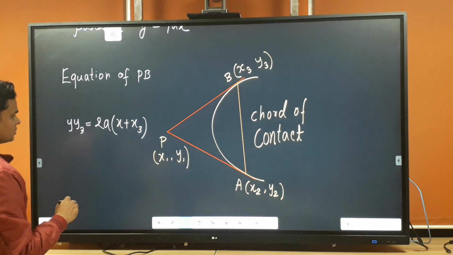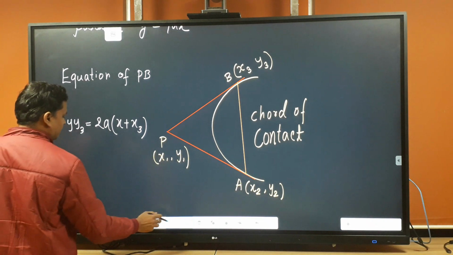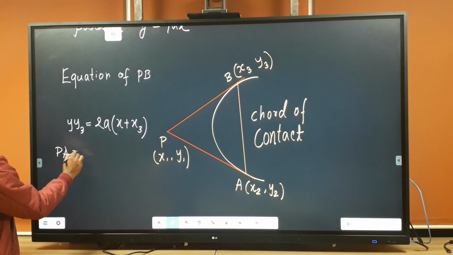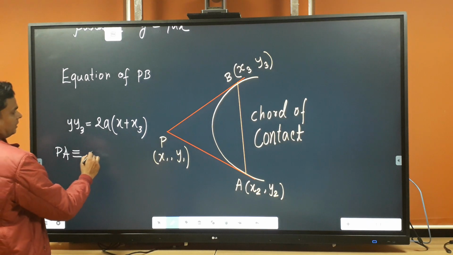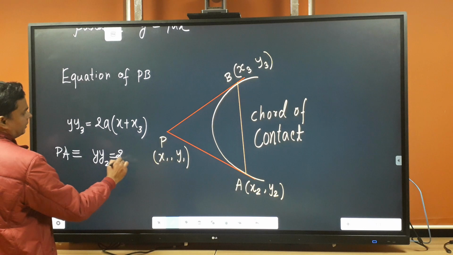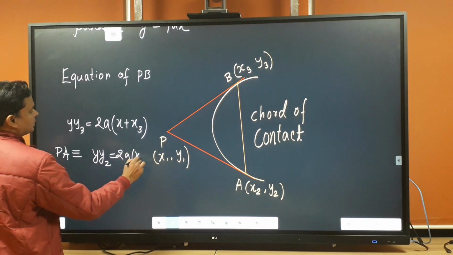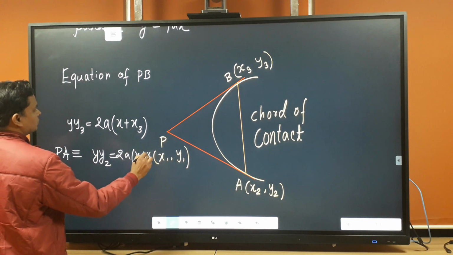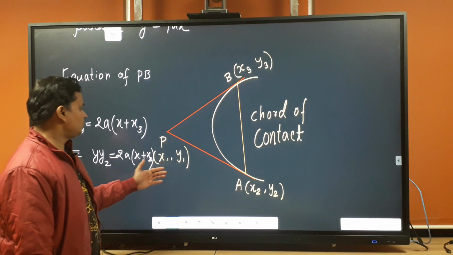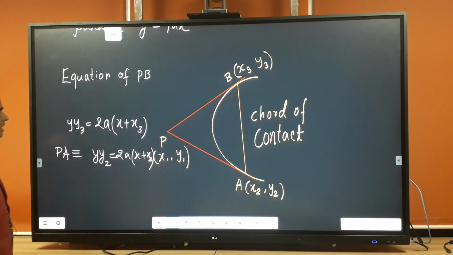Similarly, we can write the equation of PA. It will be y y2 is equal to 2a into x plus x2. These are the equations of tangents drawn at points x3 y3 and x2 y2. These two tangents also pass through the point x1 y1.